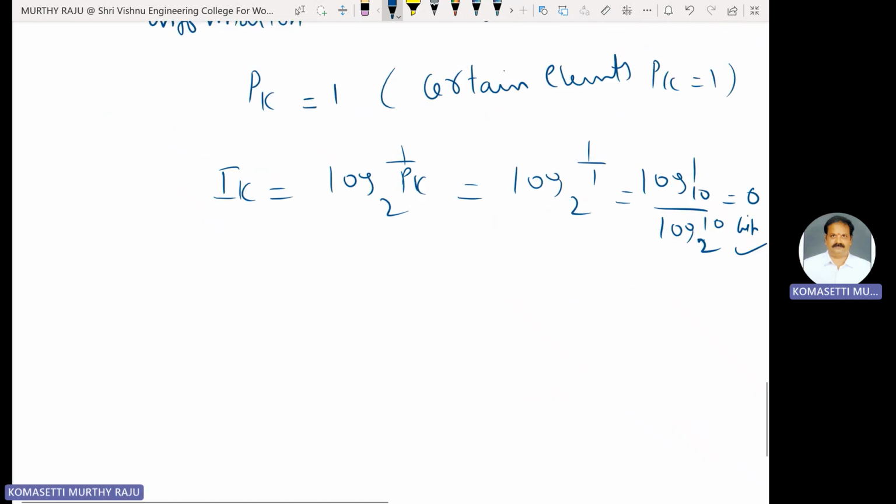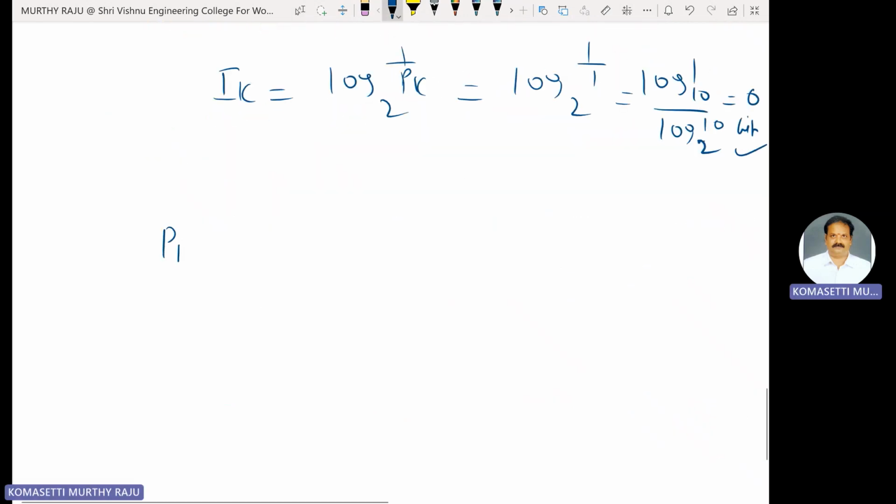In another case, Pk value decreases. Probability of occurrence of an event decreases from 1 to 0. 1 means truly occurred events, certain events. 0 means uncertain event, ambiguity is there, some doubt is there.